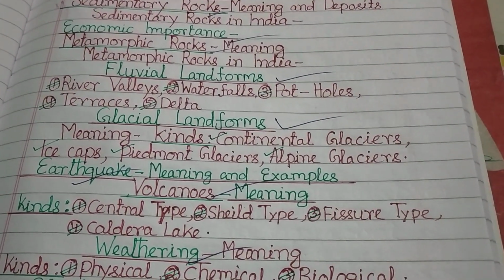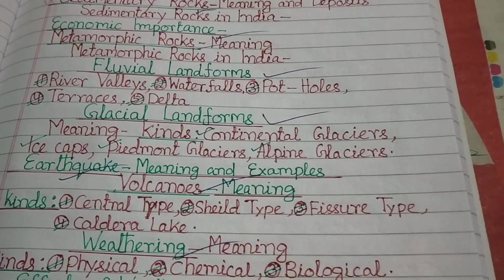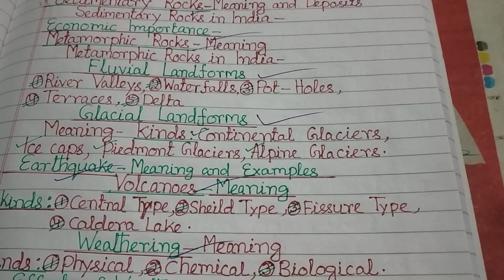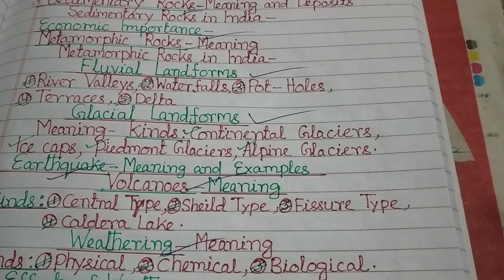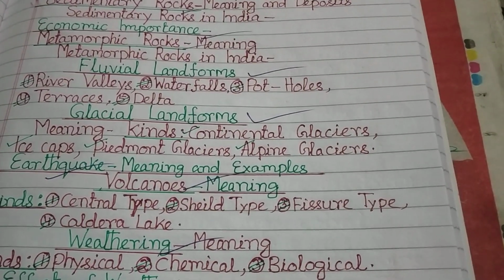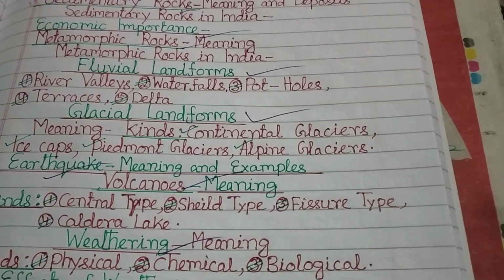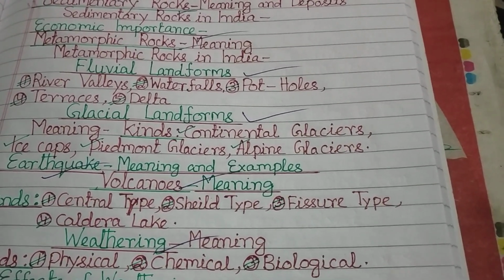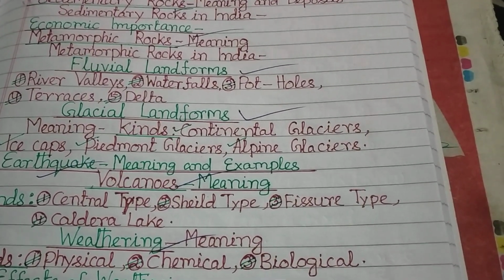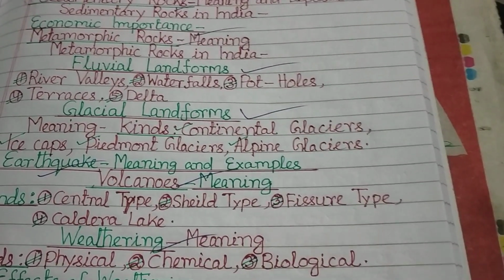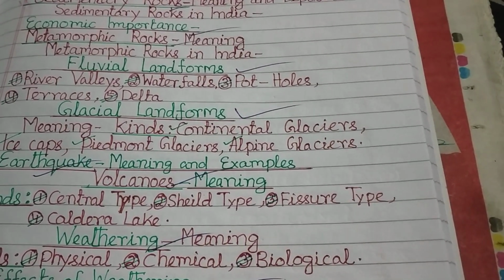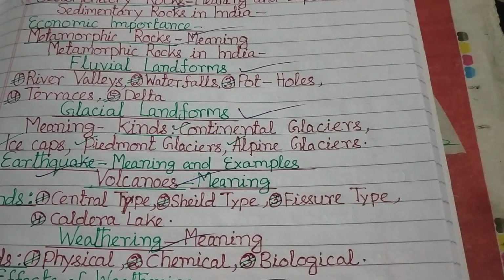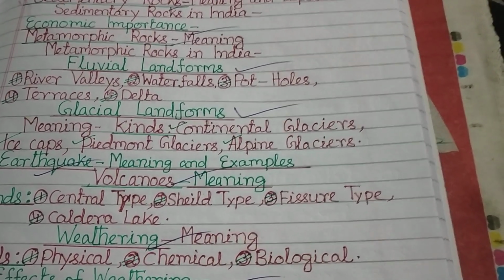Sedimentary rocks are those formed by deposition of the solid materials carried in suspension by transporting agents. As sedimentation is favored by water, most of the sedimentary rocks have been formed underwater.